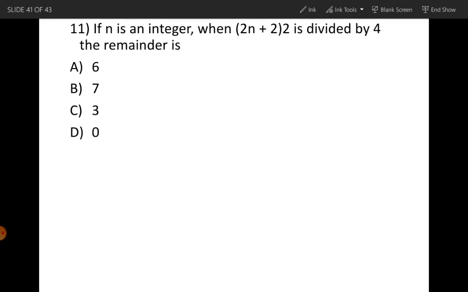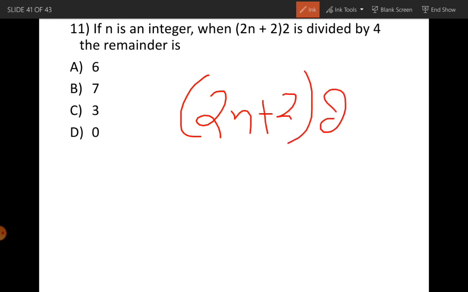Next question: if n is an integer, when (2n plus 2) multiplied by 2 is divisible by 4, the remainder is what?